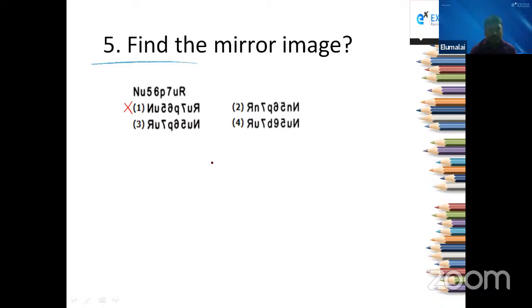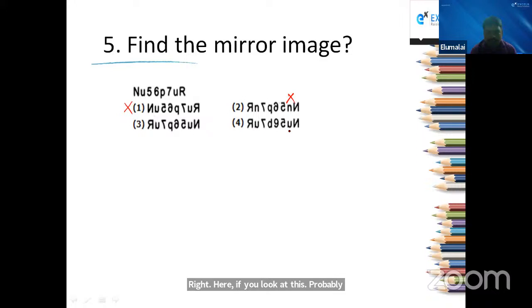Right. So if you look at this, Q, P, right. So here, this N will not be as it is in U, right? So this is not the correct one, right? Here, if you look at this, probably correct.